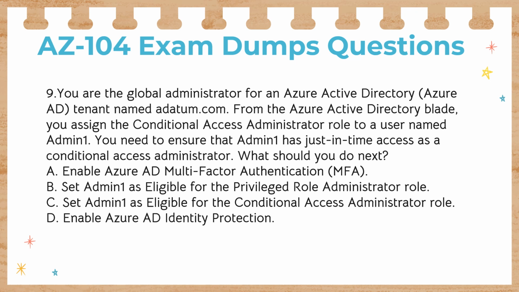A. Enable Azure AD Multi-Factor Authentication (MFA). B. Set admin1 as eligible for the Privileged Role Administrator role. C. Set admin1 as eligible for the Conditional Access Administrator role. D. Enable Azure AD Identity Protection.